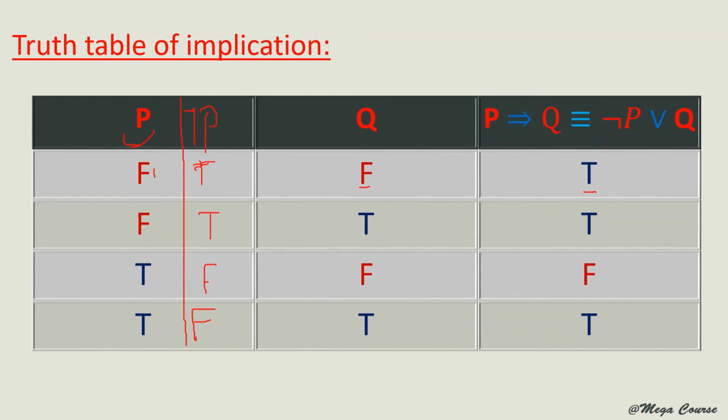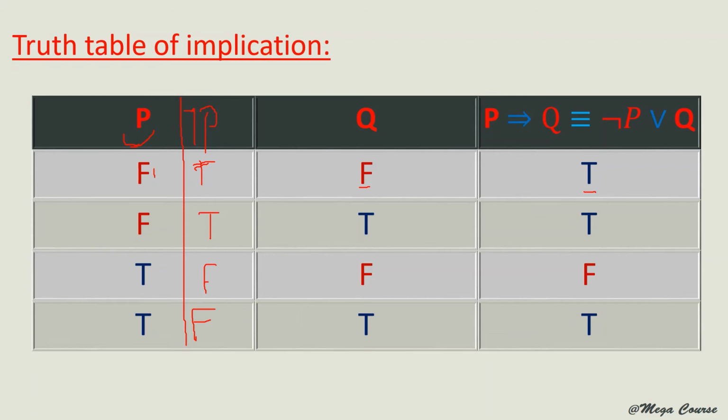Not P or Q. We said that the or means disjunction, and both of them should be false. I mean, not P should be false and Q should be false in order for P implies Q, or not P or Q, to be false.